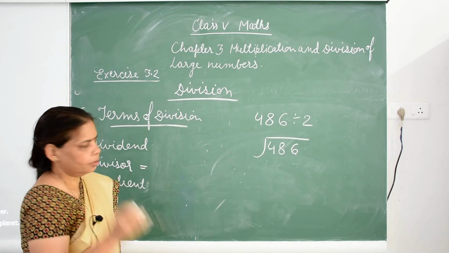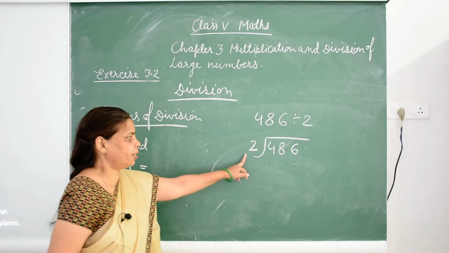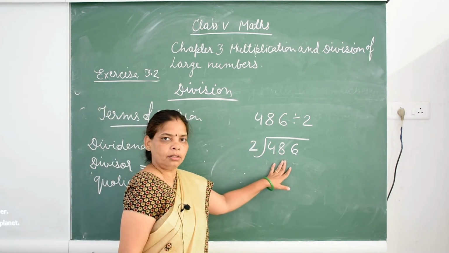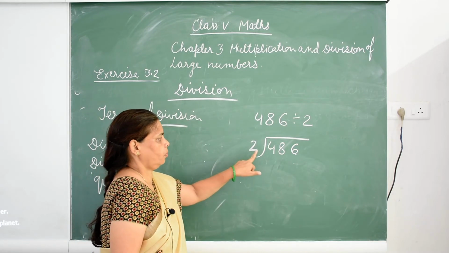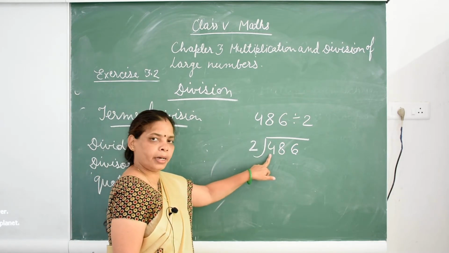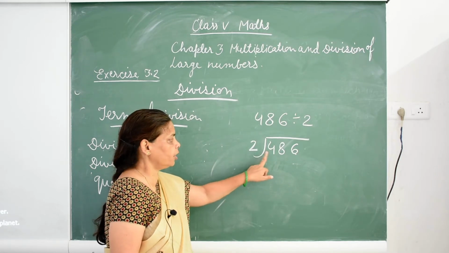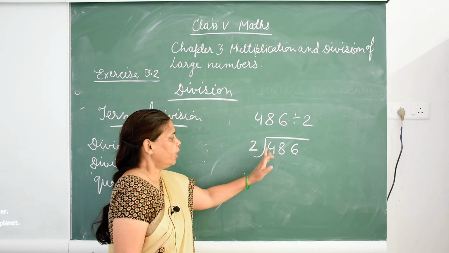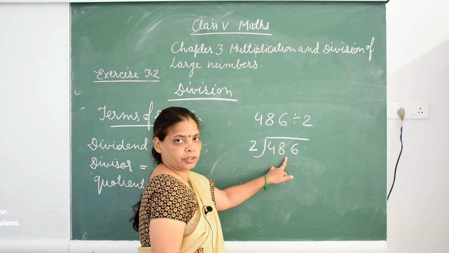Listen here. Here 2 is the divisor and this is the dividend. So how many times we read the table of 2 to get the number 4? First we consider one digit number. If it is greater than the divisor, then we will take only one digit. If it is not greater, then we consider the next digit.